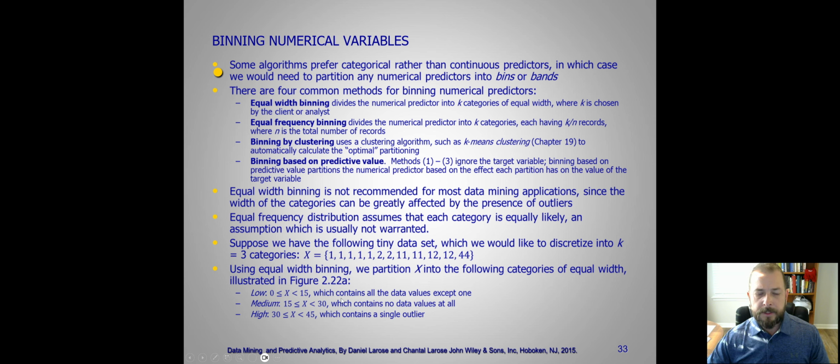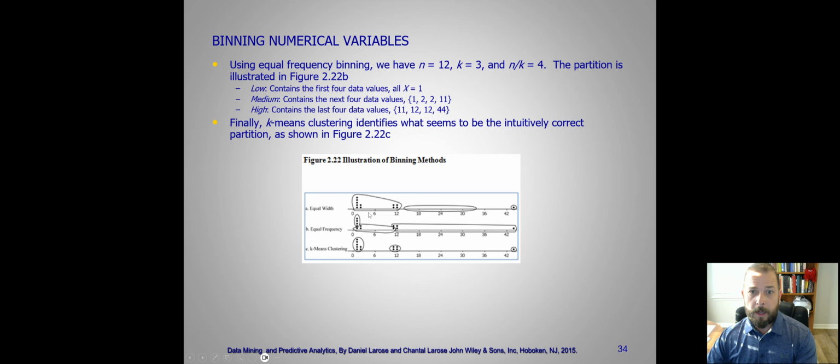And so then we'll have low, medium, high based on the equal width of each of those categories. The problem with this, especially in this data set, is that we end up with data values mostly being in the low, nothing in the middle, and one in the high. So we don't really get an equal distribution of values in each category, which is oftentimes what you want when you're trying to bin these numerical values.